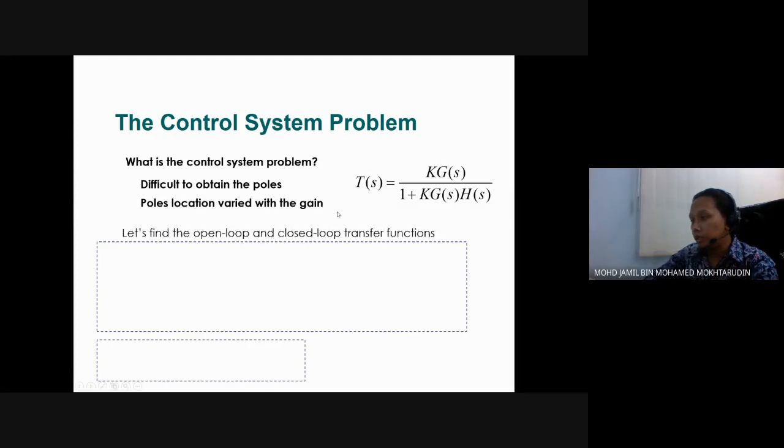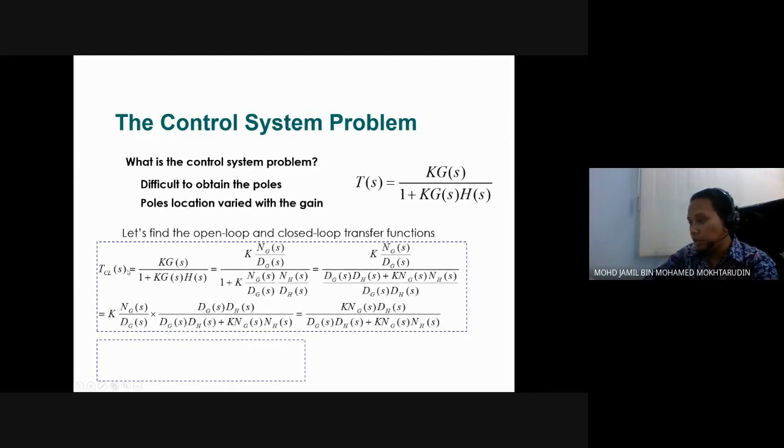So let's look at how this is difficult. Okay. So this is the closed loop transfer function. So each of the transfer functions G and H can have its own numerator and also denominator. So you can expand, each of them has numerator and denominator.